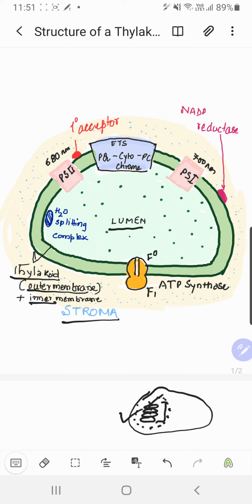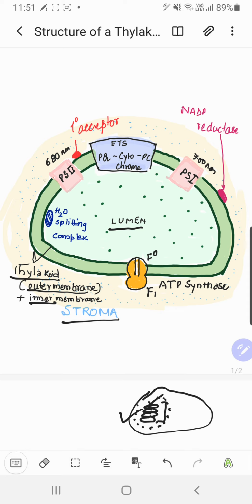Now, as of now, you have to understand the components of a single thylakoid, what makes it so special that a single thylakoid is capable of performing the light reaction of photosynthesis. The electron transport system is there, and how the electron is carried from one side to the other. All the phenomena get clear when you understand the structure, right?